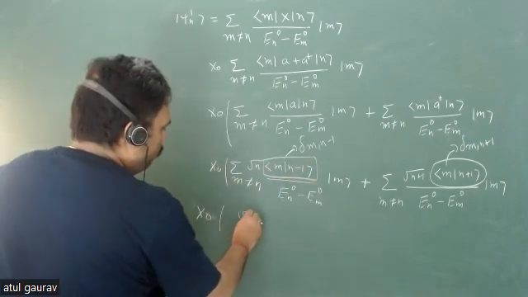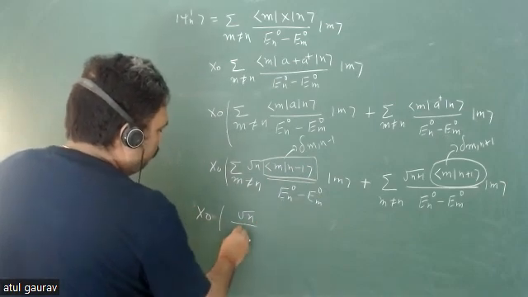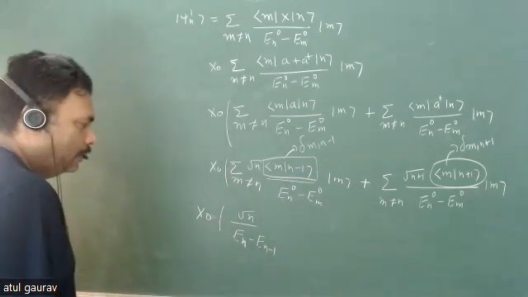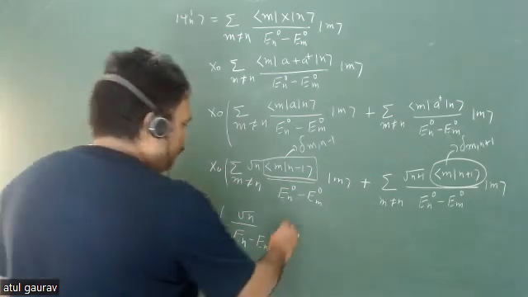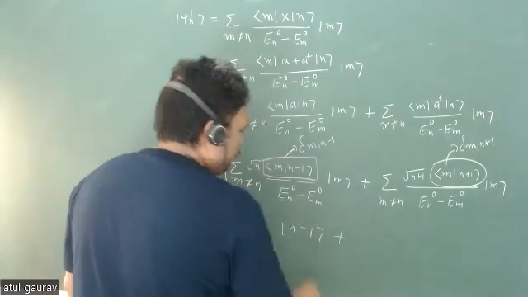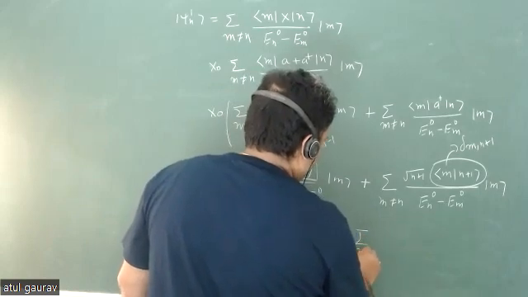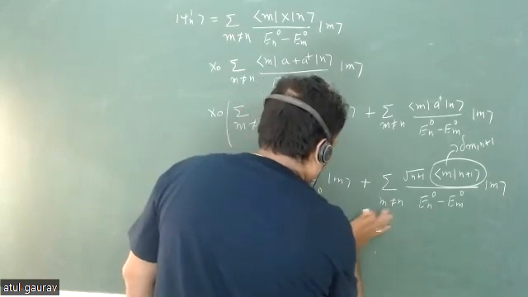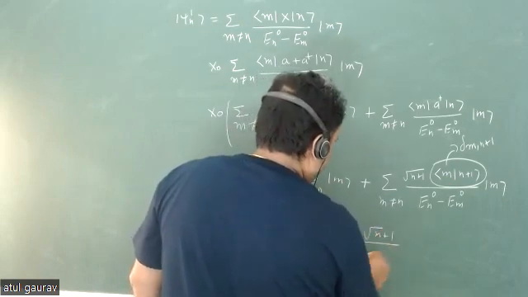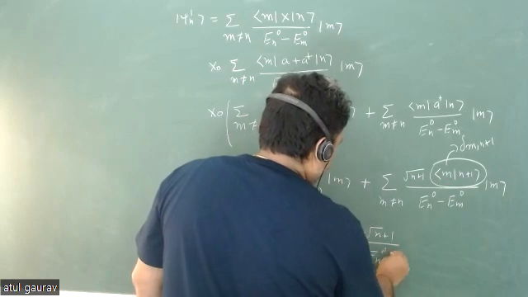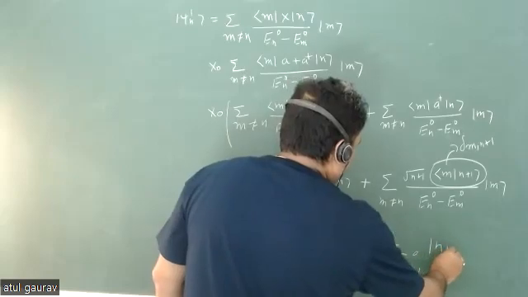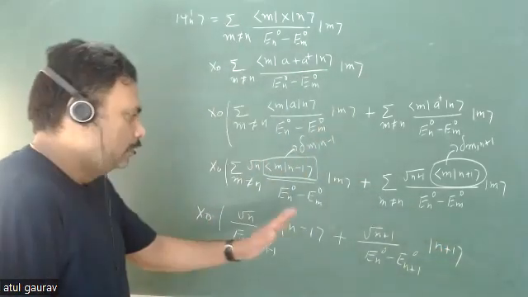So we have root n, and this value is En minus En minus 1, and here you will have ket n minus 1, plus summation over m, and this term will be root n plus 1, and you have En0 minus En plus 1 0, and the ket is n plus 1.